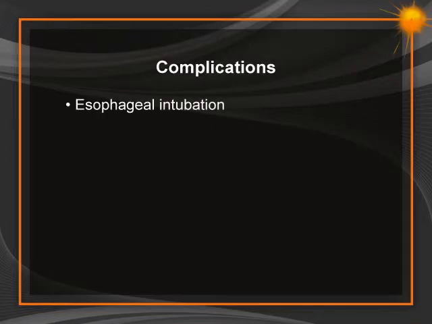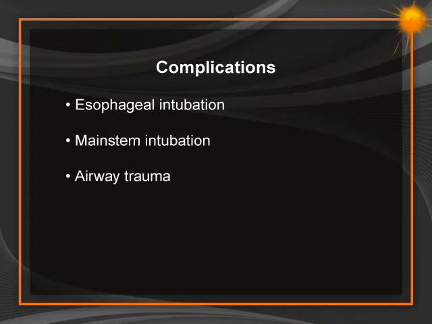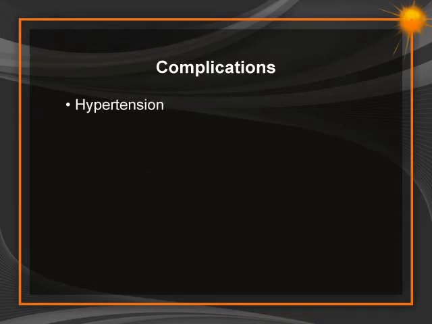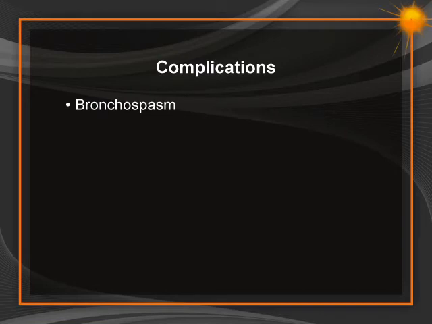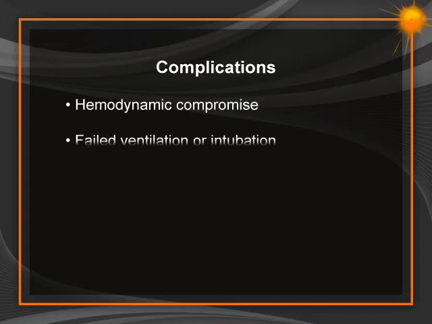These include malpositioning of the endotracheal tube, such as an esophageal or mainstem intubation; airway trauma, such as lip or tongue laceration, retropharyngeal dissection, chipped tooth, sore throat, airway edema, vocal cord paralysis, tracheal injury, or bronchial injury; exaggerated sympathetic response to intubation leading to hypertension, tachycardia, and increased intracranial or intraocular pressure; exaggerated airway reflexes during intubation, such as bronchospasm or laryngospasm; depressed airway reflexes during intubation leading to aspiration; hemodynamic compromise secondary to hypnotic agents; and finally, failed ventilation or intubation leading to hypoxia or hypercarbia.